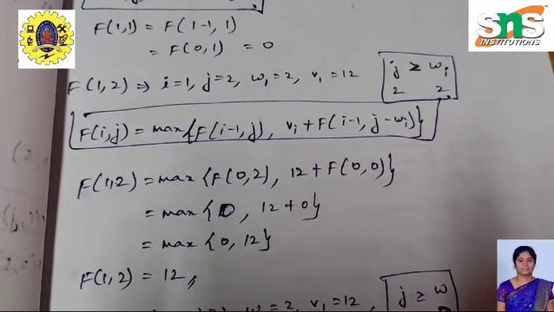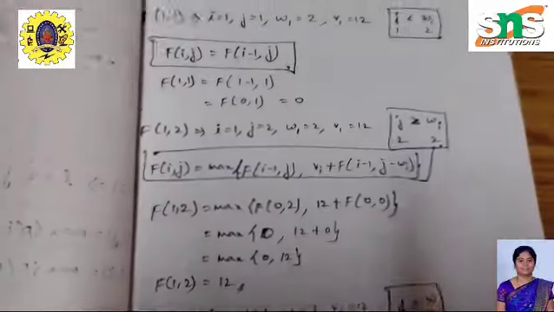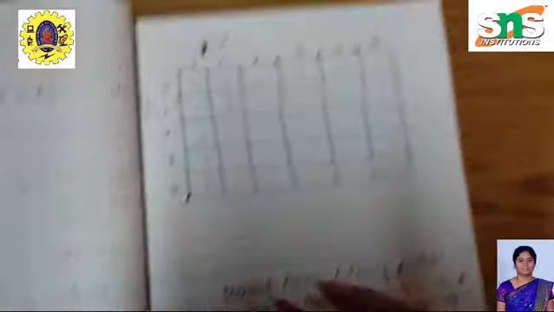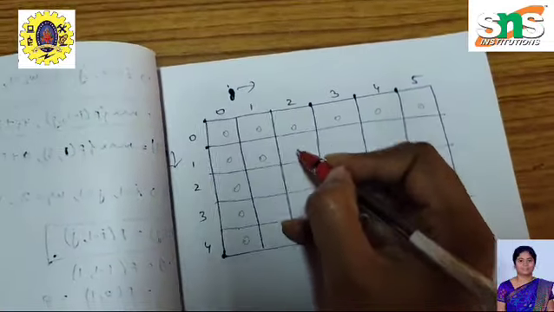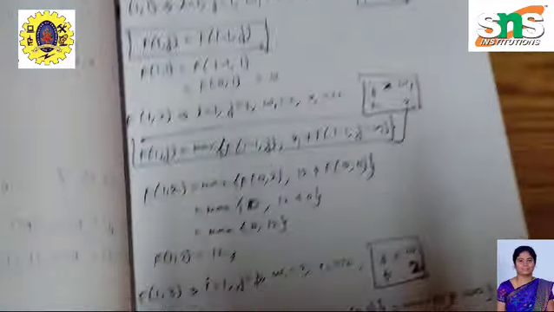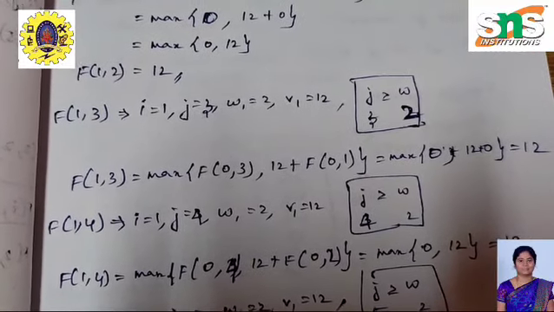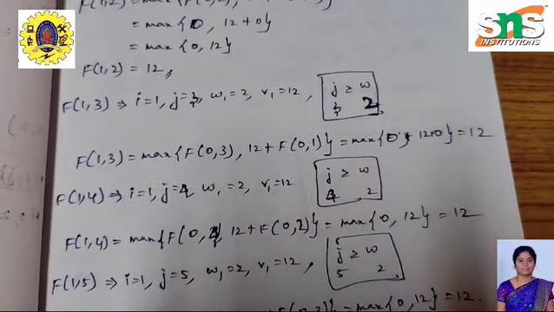Now we have 1 comma 2 we are calculating, and the value for this is 12. So here 1 comma 2 value is 12. And 1 comma 3 as usual we are substituting with the formula, and the value for this is 12.